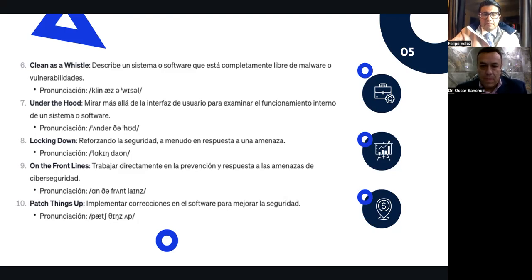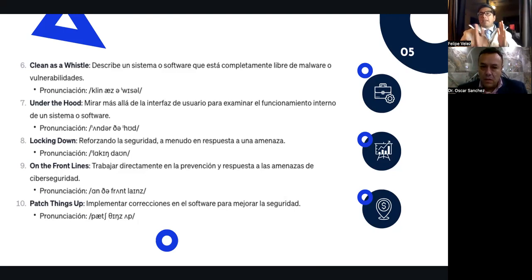Now repeat after me. Locking down. It means to reinforce the security under a threat. Let me explain. When the attack comes, it's an instruction: lock down. Again, locking down. Is it an instruction? Yeah, it's an instruction. You say lock down everything.